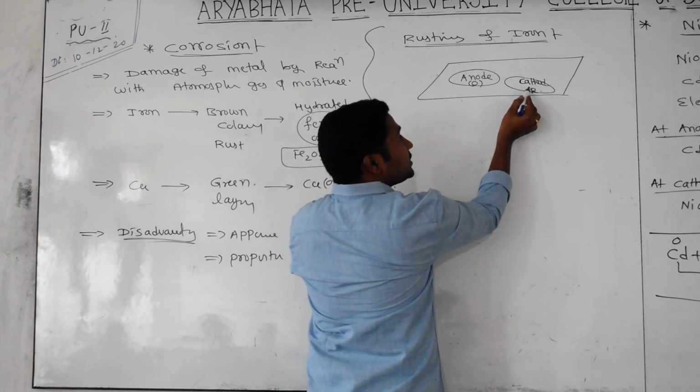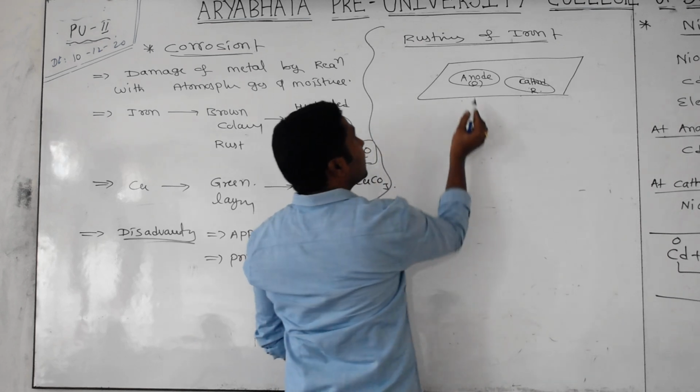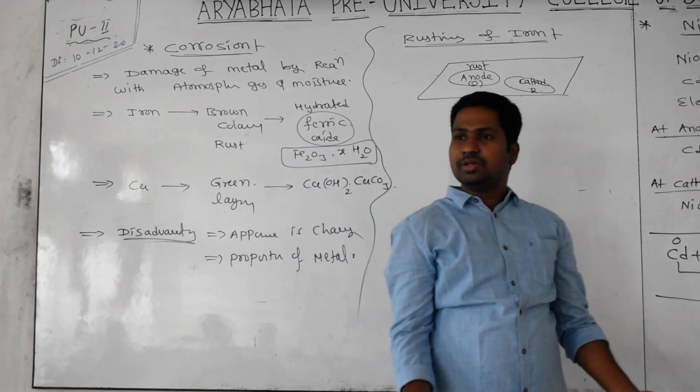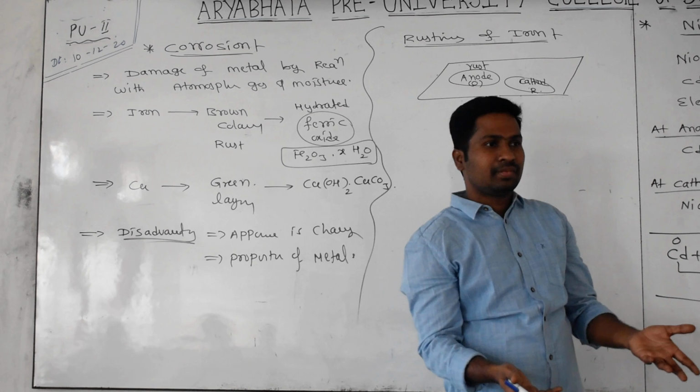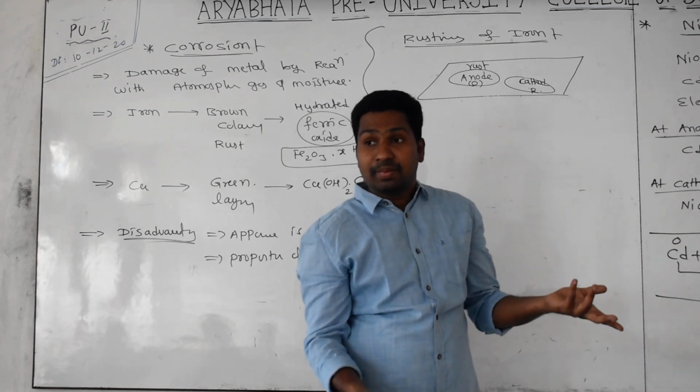The metal present at the cathode region won't be involved in rust formation. The rust formation will happen only at the anode region. Anode means the metal loses electrons. Metal loses electrons, automatically damaged. But it is not taking place at the cathode.